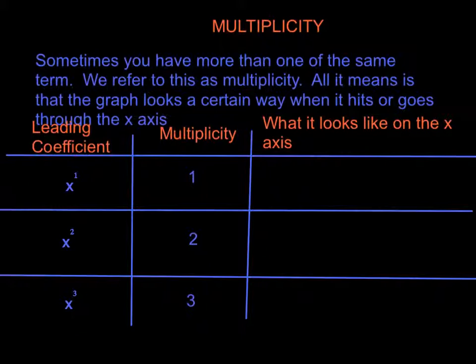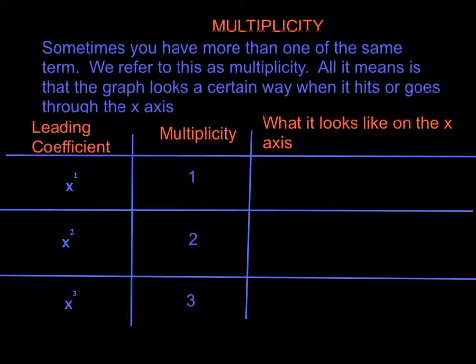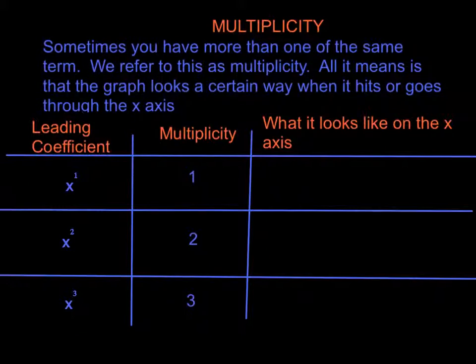Okay, sometimes we have more than one of the same term. We refer to this as multiplicity. And all it means is that the graph looks a certain way when it goes through the x-axis. So if we look at a leading coefficient of 1, that basically means the degree of that particular term in your factor, that means you have a multiplicity of 1.